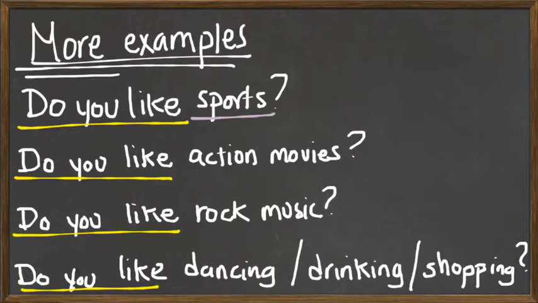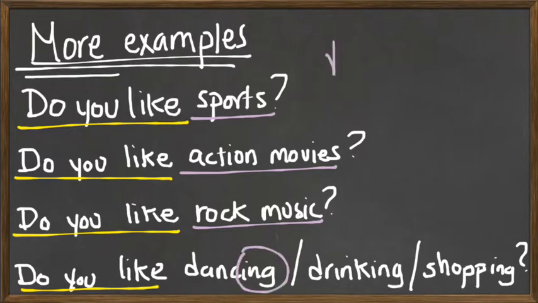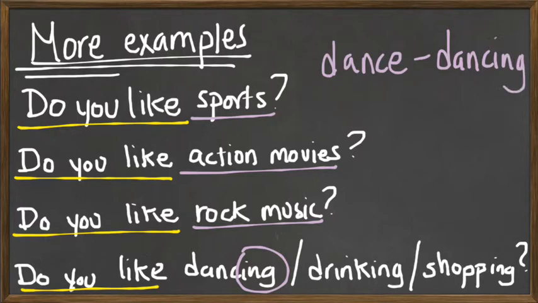We have sports, action movies, rock music, or a verb with the ending ing. For example, dance. Dance is an action. But if we want to make it into a noun or the name of an activity, we say dancing. All right? And then we have, do you like dancing? Do you like drinking? Do you like shopping?